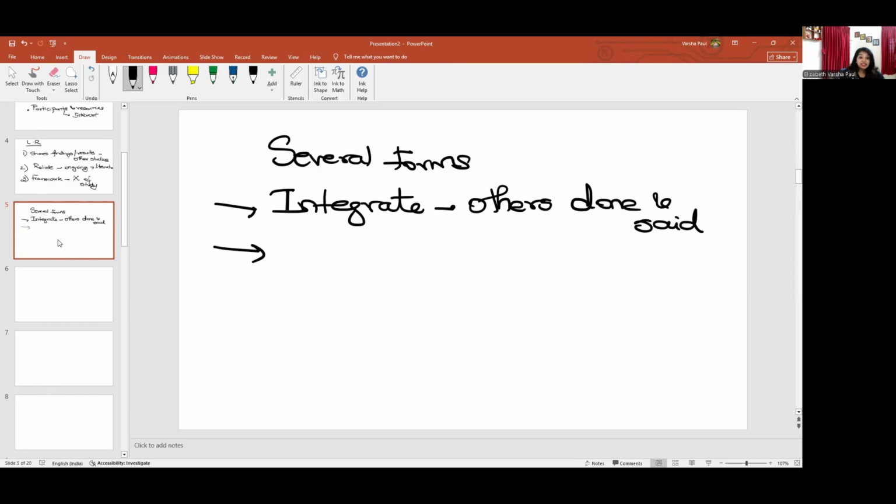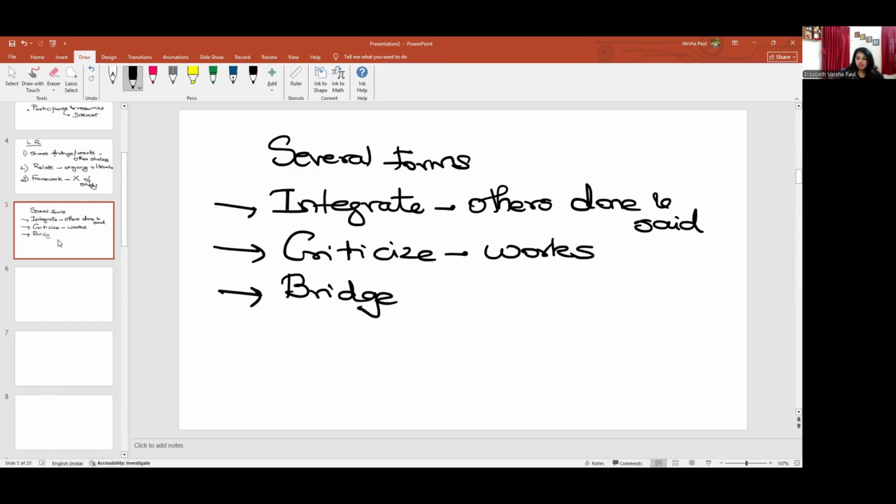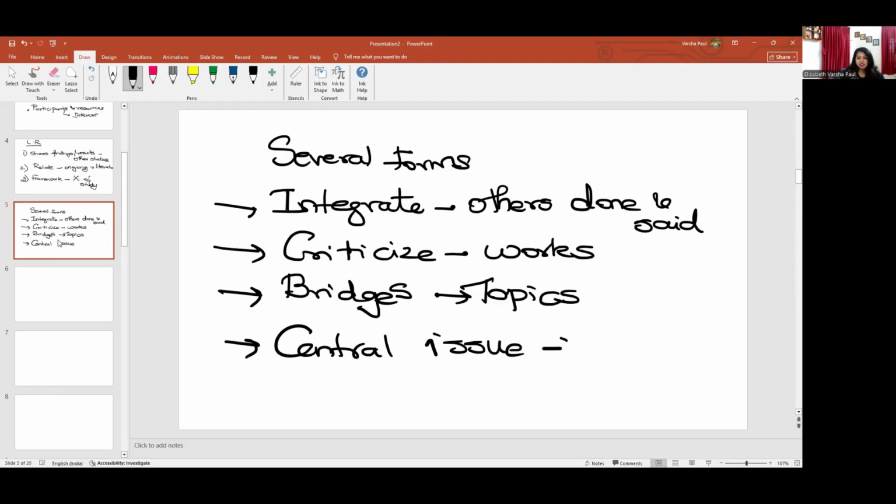They criticize the previous works that have been done. They try to build bridges between the topics, and the main thing, they identify the central issue which is happening in the field.